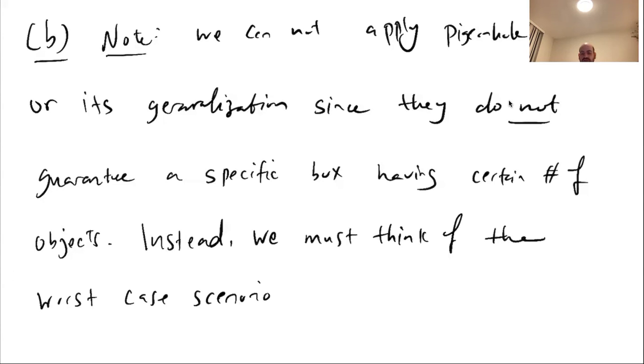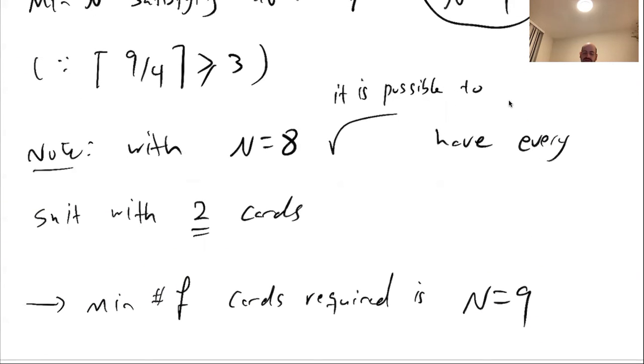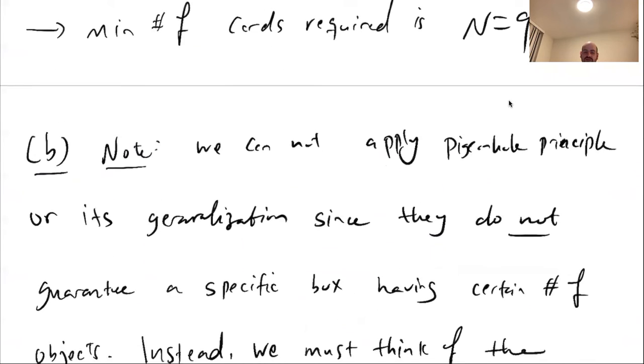Even if I have 24 cards, it's possible that 12 of them are clubs, 12 of them spades. Even if I have 36 cards, it's possible that 12 of them are clubs, 12 of them spades, 12 of them diamonds, and still it's possible that I have no hearts at all.